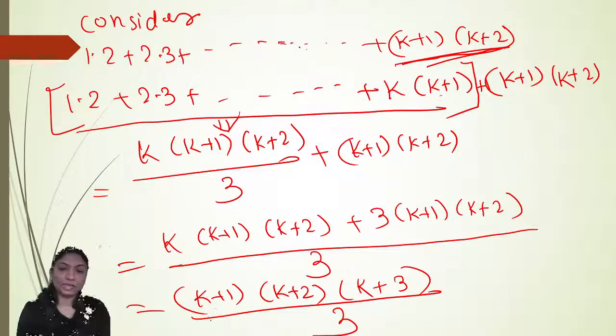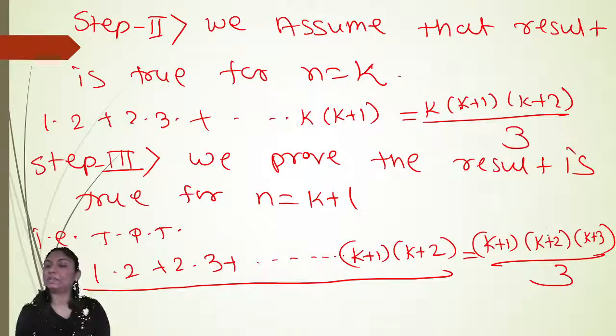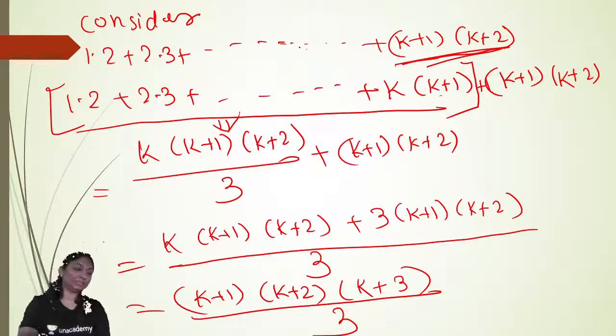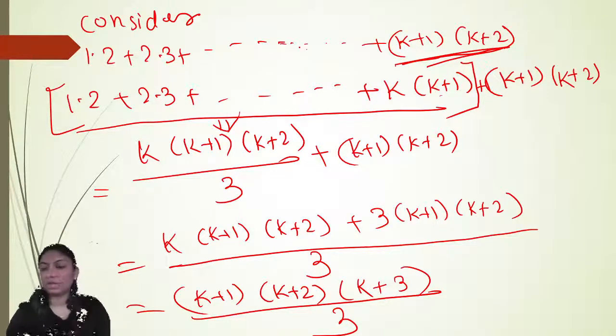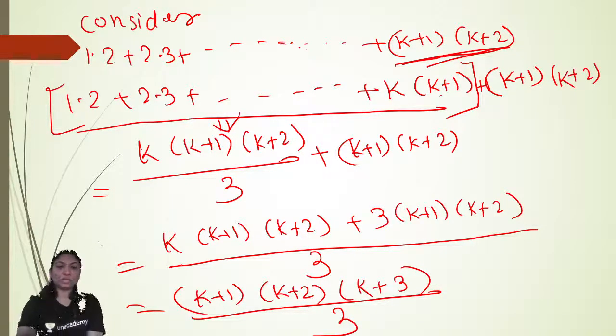So ultimately k plus 1 into k plus 2 into k plus 3 by 3, that is your RHS. That's what we want to prove. So by induction hypothesis, the result is true for all natural numbers n greater than or equal to 1.